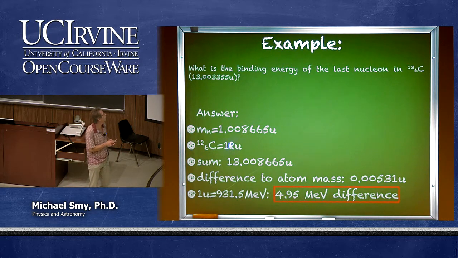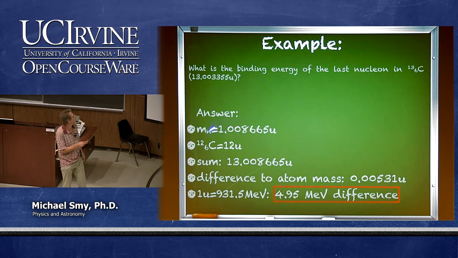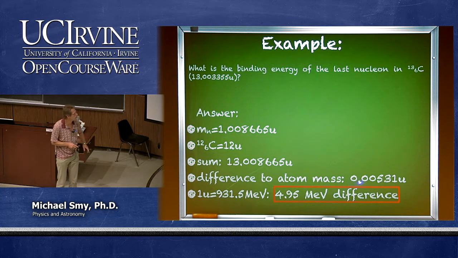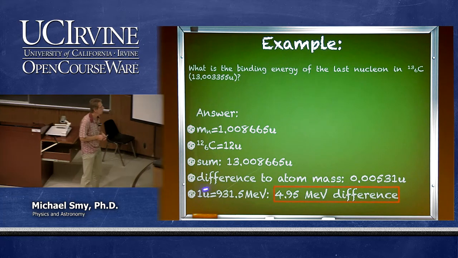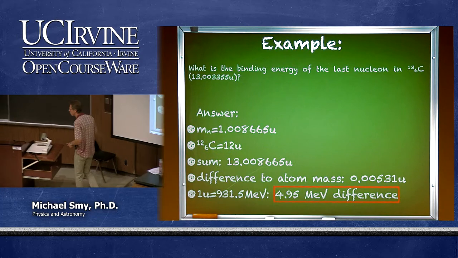In this case, the calculation is much simpler because we know that by definition, carbon-12 has exactly 12 atomic mass units. And we know the extra neutron weighs this much, so the sum is easy to do. And if we then compare that to the atomic mass of carbon-13, then we get 0.00531 atomic mass units of difference. And that's about 5 MeV for that last nucleon.